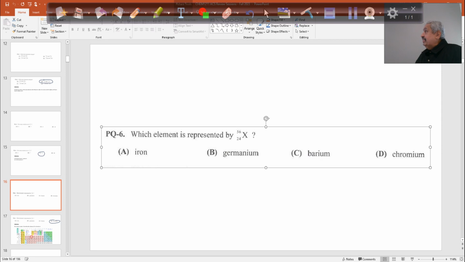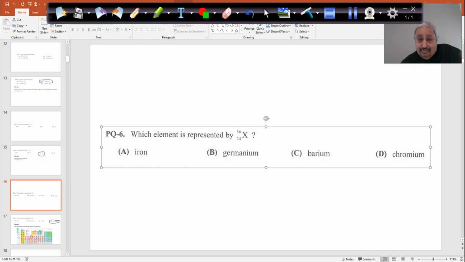But what's really fixed is the number of protons, which is not changing. So based on the increasing number of protons, which is the atomic number, you base the order and arrangement of the elements in the periodic table. So how can I know this element X without looking at the periodic table?